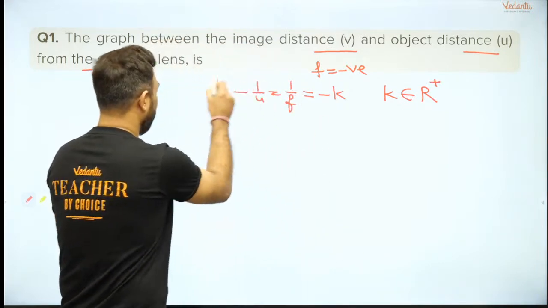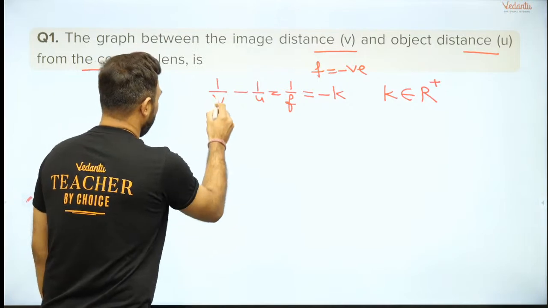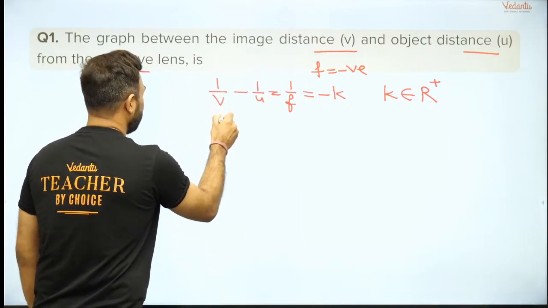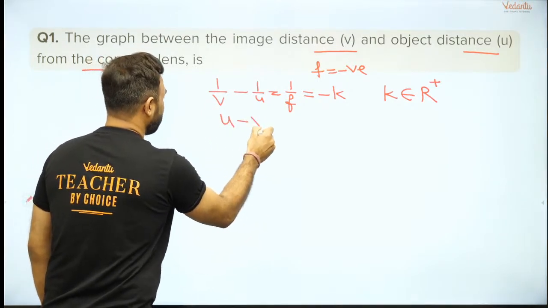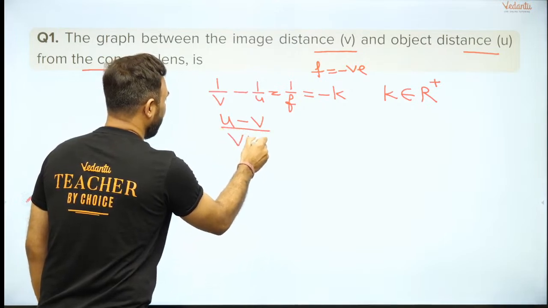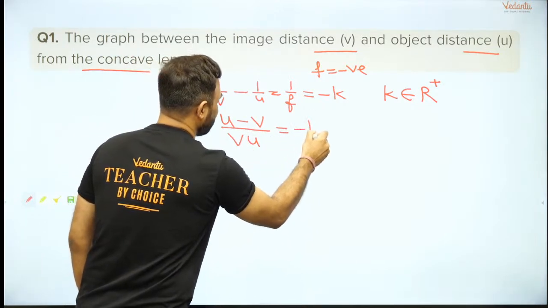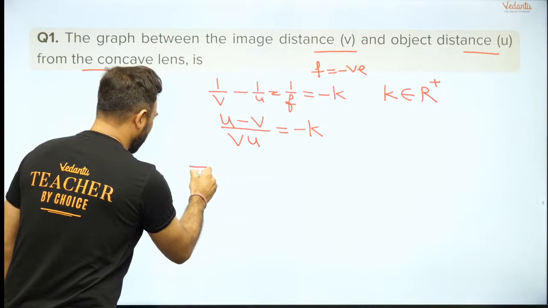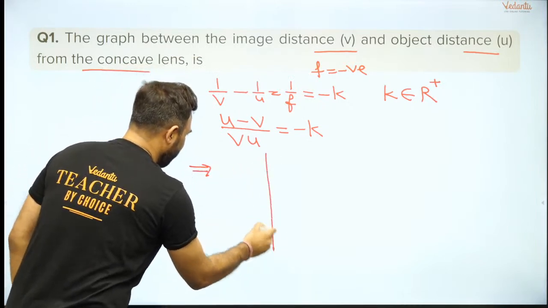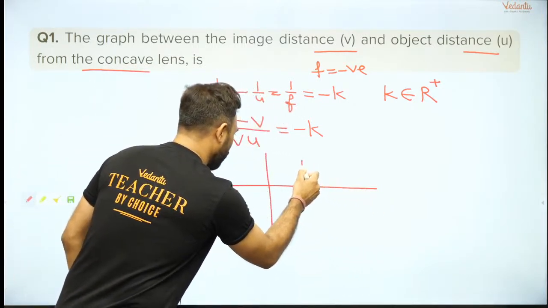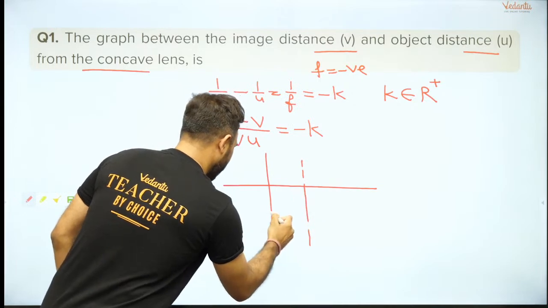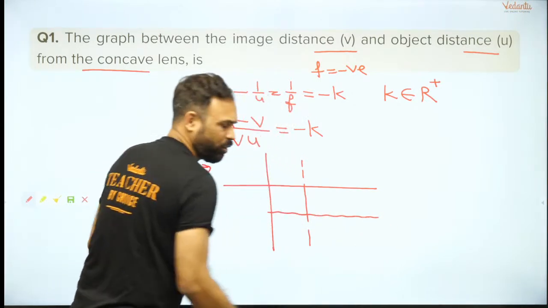Then I will rearrange this equation to check that this is a rectangular hyperbola with its transformed origin lying in the 4th quadrant. I can say that this is (u minus v) upon (v into u) is equal to minus k.